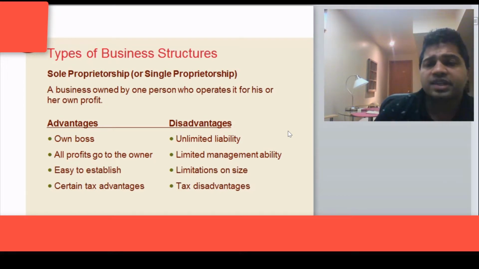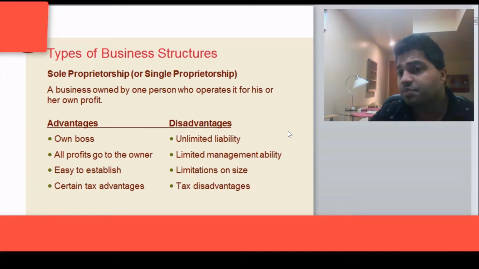So corporations have double taxation, but if I run the business as a sole proprietor, my business and my personal affairs are intermingled, so I don't have to pay tax twice. The disadvantage is that it has unlimited liability. My personal assets are on the line when I start a sole proprietorship.